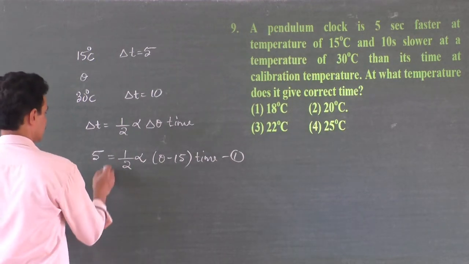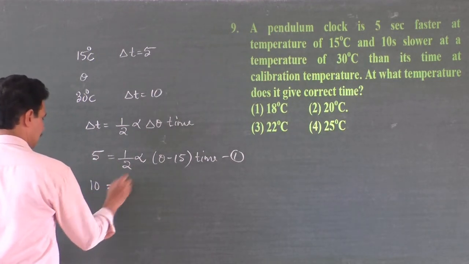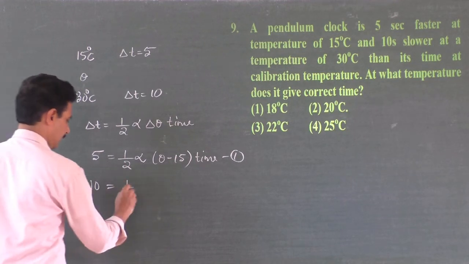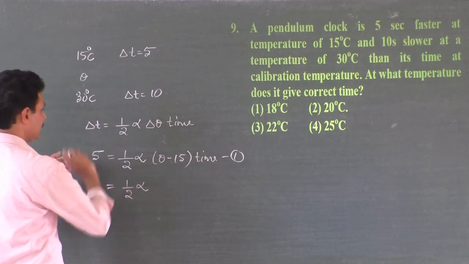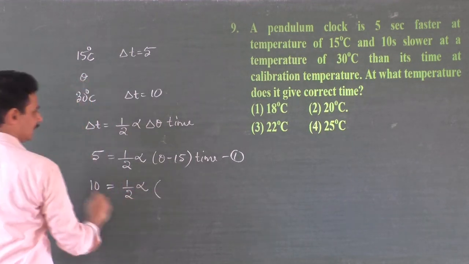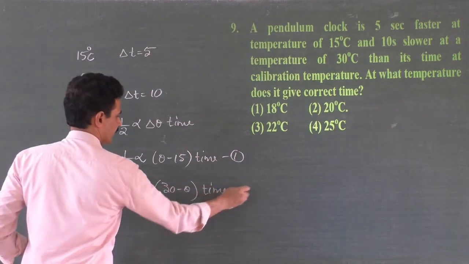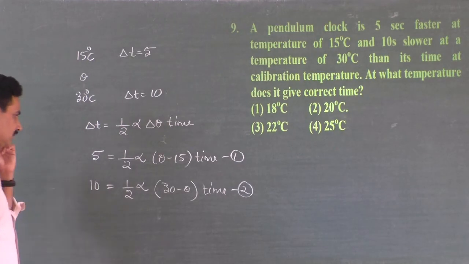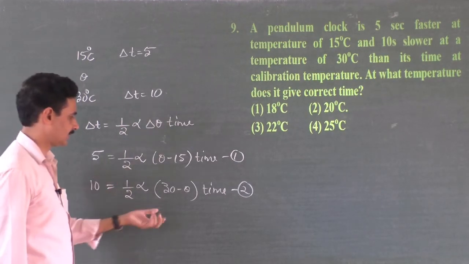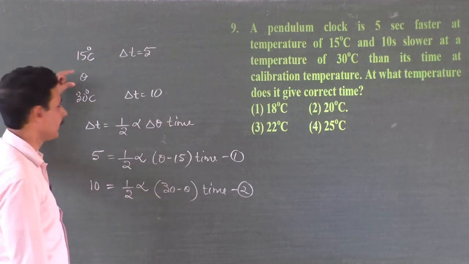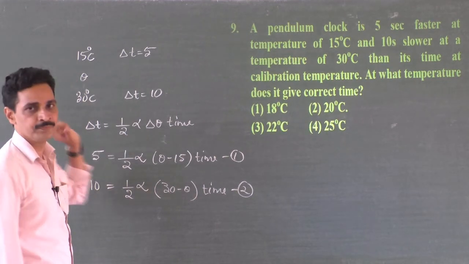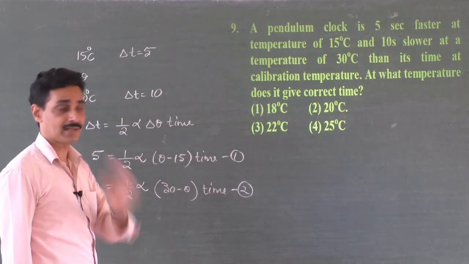Then how will be the equation? Here the correction time is 10 seconds. Same material, half alpha, but temperature difference you have to change: 30 minus theta, because 30 is more. And in the same time T, equation 2. Shall we divide these two equations so that half alpha gets cancelled and only theta is required, which is the exact temperature where it is showing the correct time?